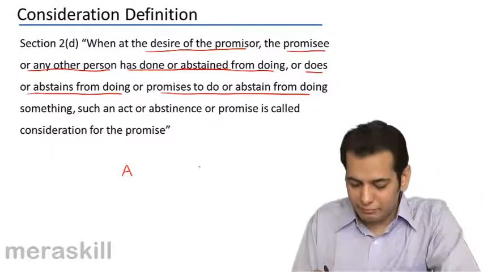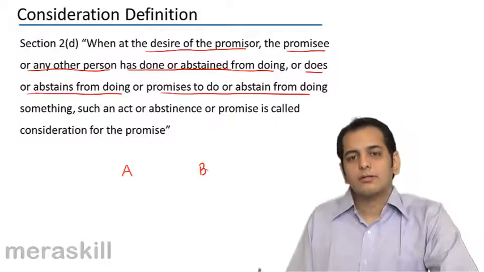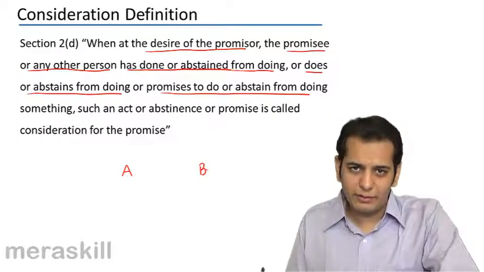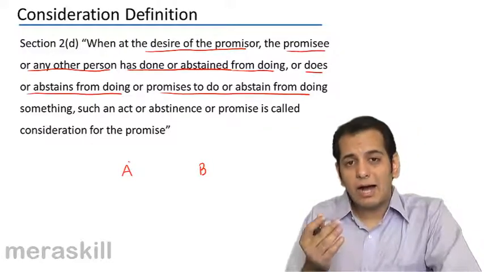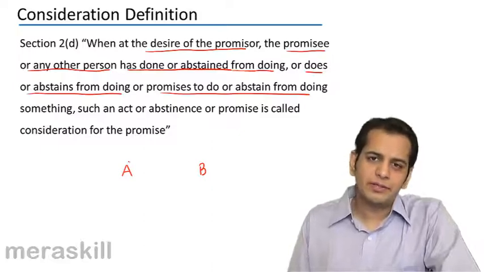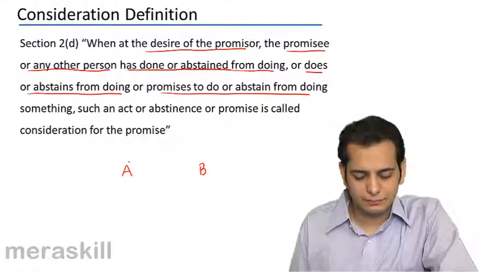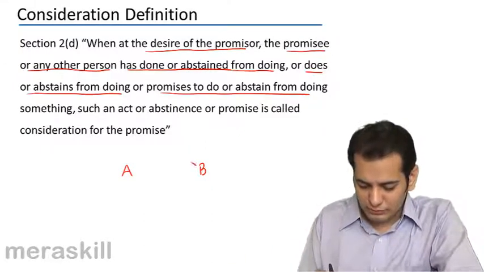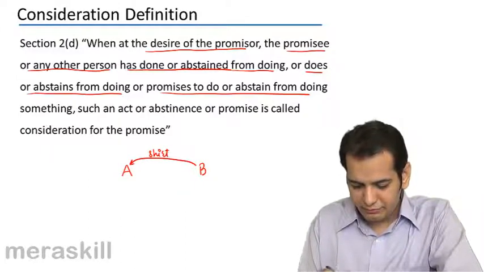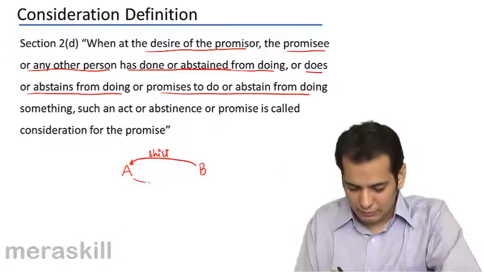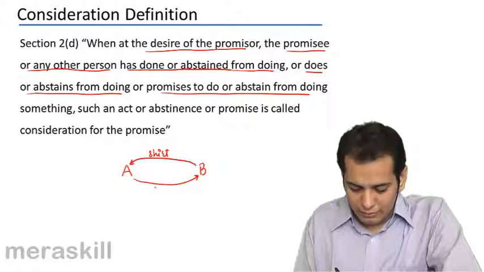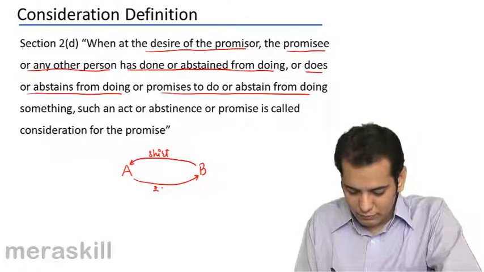A and B. A enters into a contract with B wherein A will buy a shirt from B and pay 1000 rupees against it. So B will give A a shirt, and A in turn will give rupees 1000.